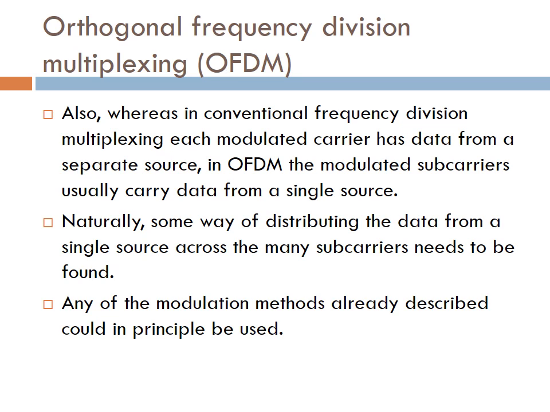Naturally, some way of distributing the data from a single source across the many subcarriers needs to be found. Any of the modulation methods already described could in principle be used.